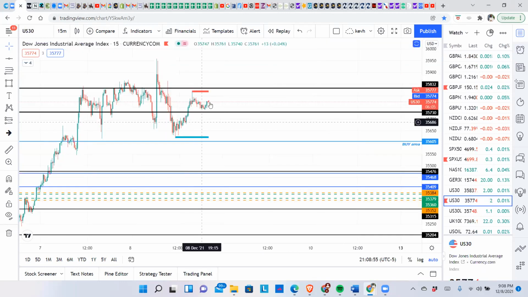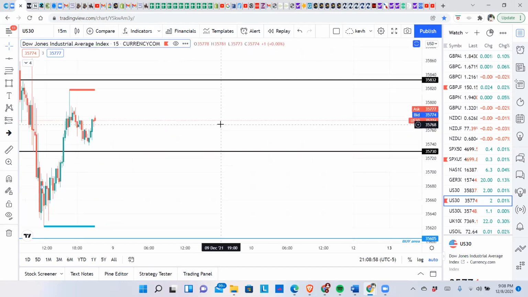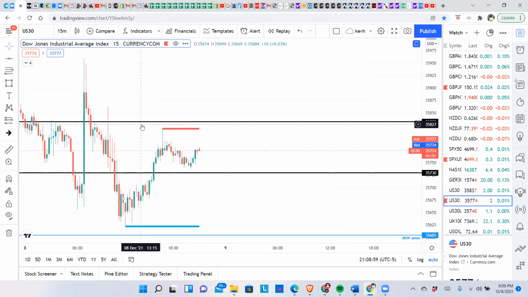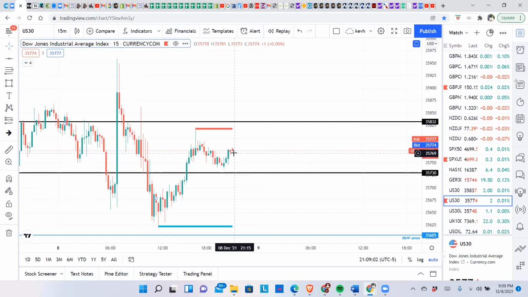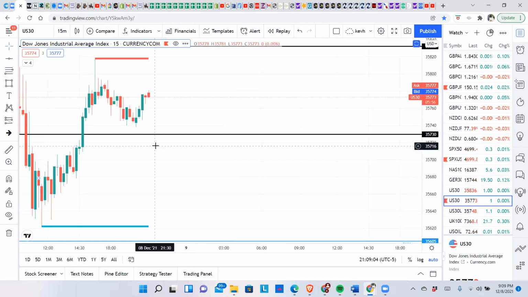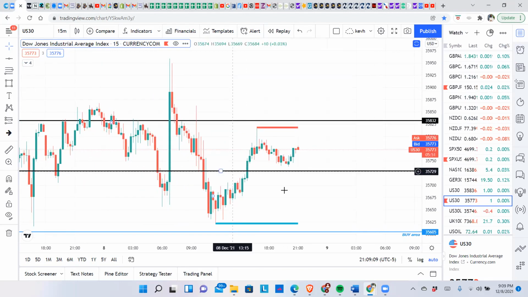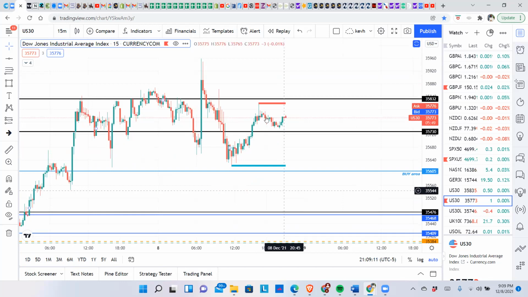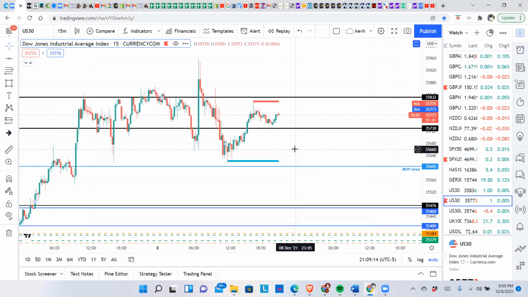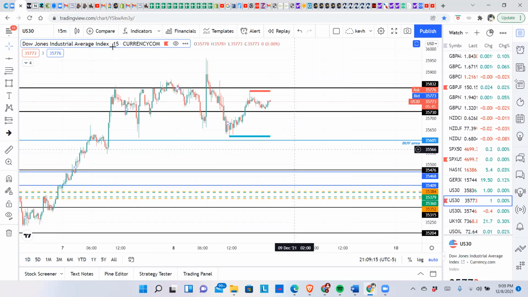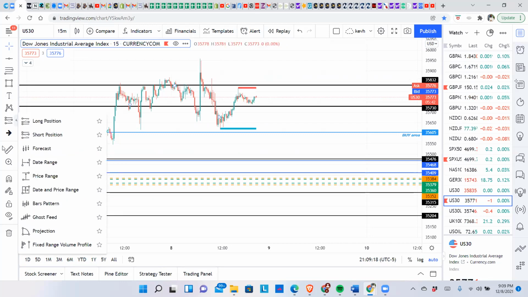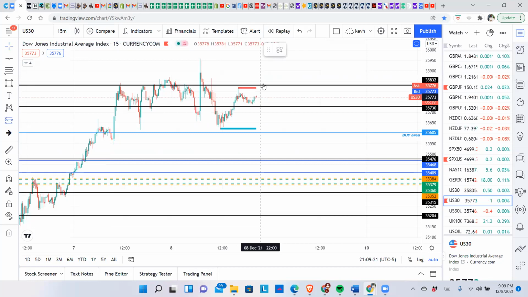This is US 30 right here. I know it's going to drop. It's in a nice place. This is a weird looking candle. It's in a nice place over here, setting itself up for a sell. So I'm keeping an eye on it. When we come back, hopefully tomorrow, we'll see.